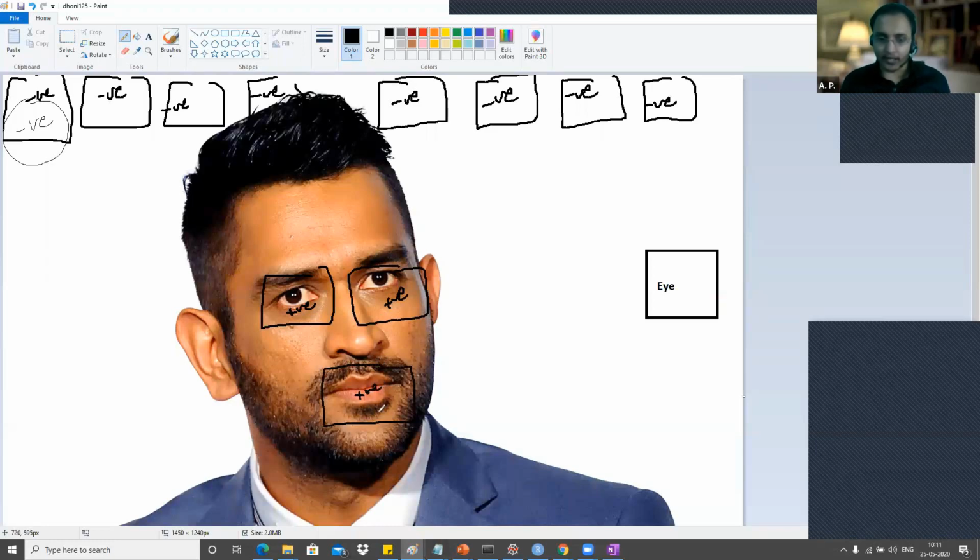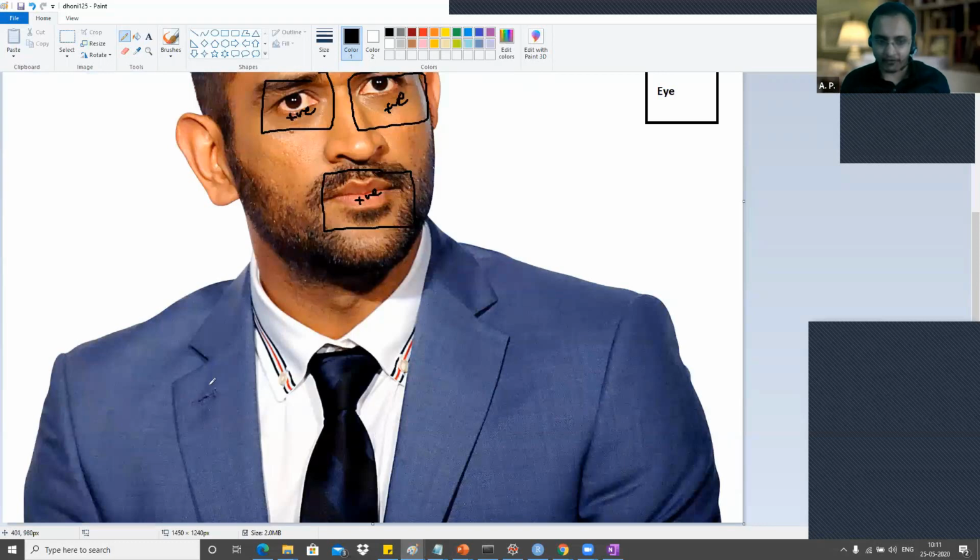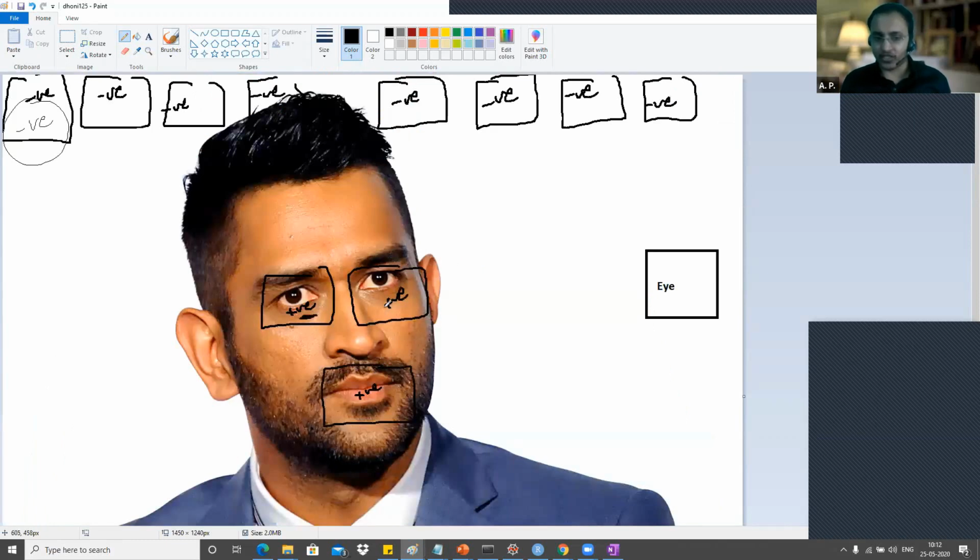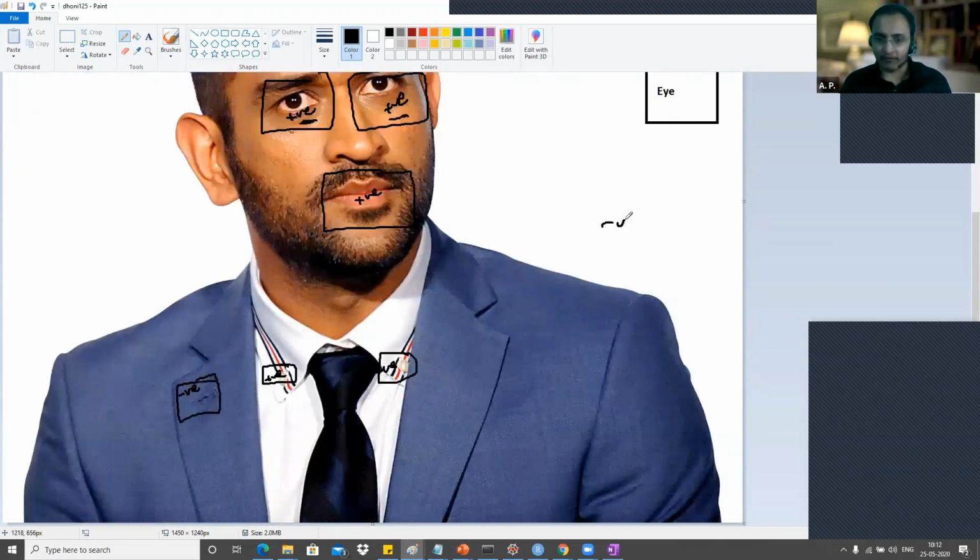And if I scroll down, we may have a slight positive value here as well, because this also looks a bit like a small eye. So we have a very positive value for the actual eye, a slight positive value for the lips, and for the rest of the part, negative values.